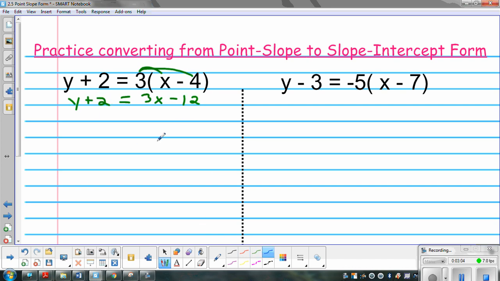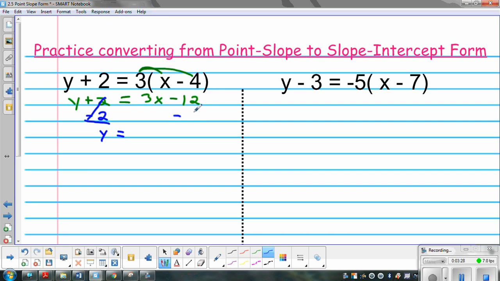The only thing we have to do to get y by itself is to undo or get rid of this plus 2. Well, the opposite of plus 2 is minus 2. That is how that equals 0, and we are left with simply y equals on the left. We are almost done at this point. The question is, when I want to rewrite my minus 2 on the other side, where is its like term? Is it under the 3x or is it under the 12?